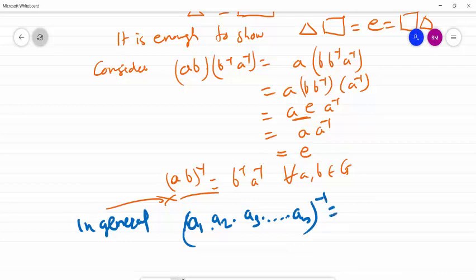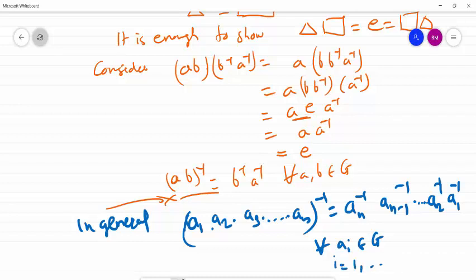Here you go the reverse way: the last is AN inverse, AN minus 1 inverse, up to A2 inverse, A1 inverse, for all Ai belongs to G, i varying from 1 to N.